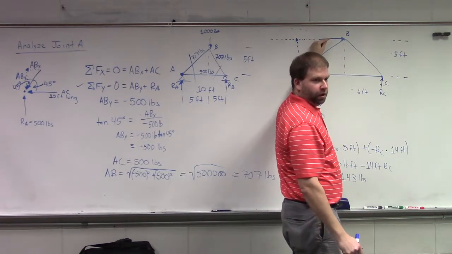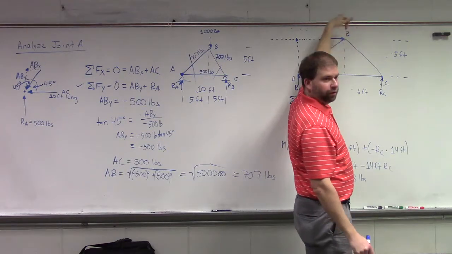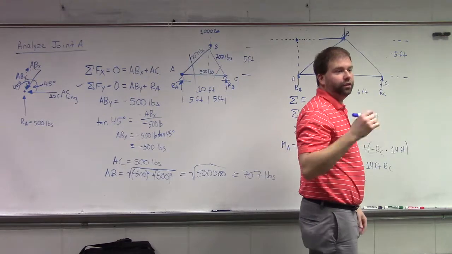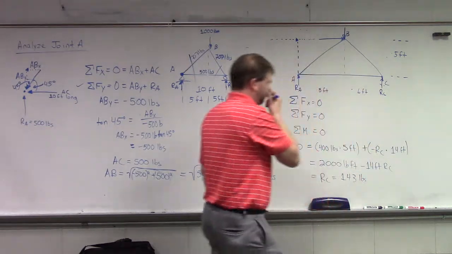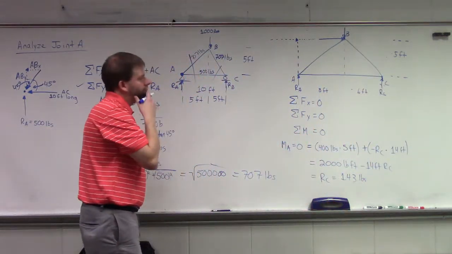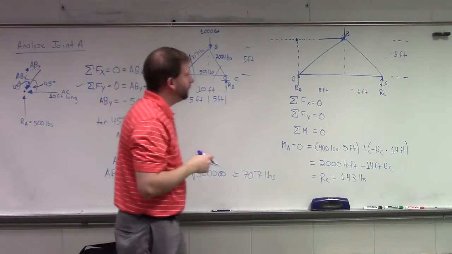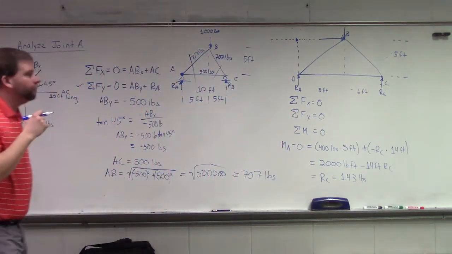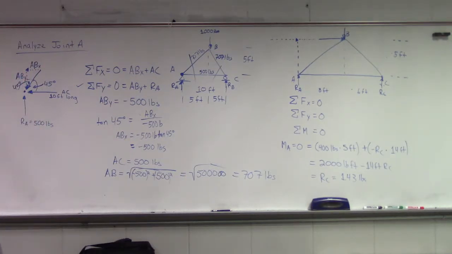If you had 400 pounds this way, then you could say 257. So what we just solved for is basically the pounds that's holding up our RC, right?